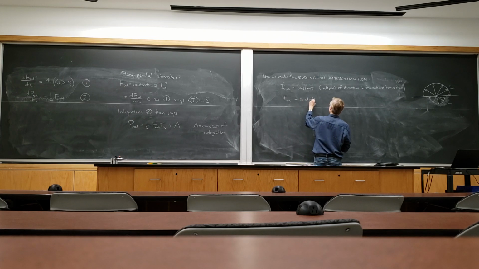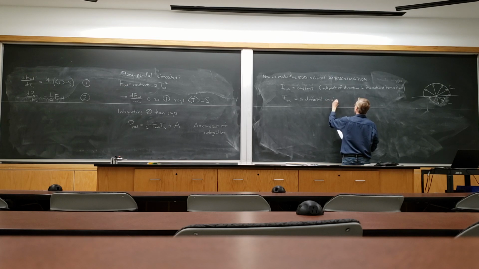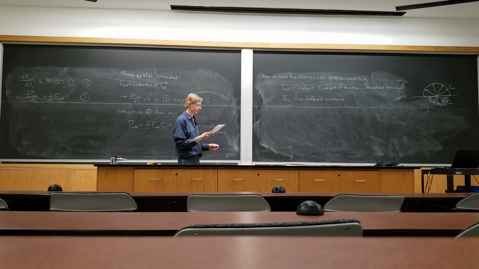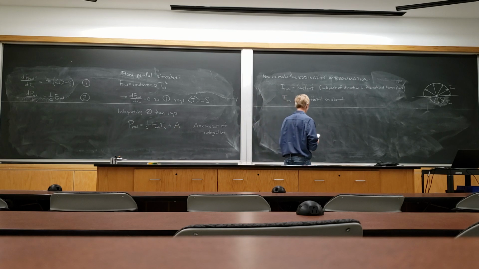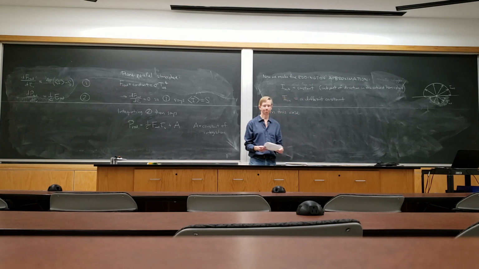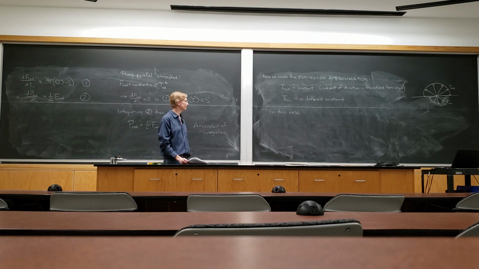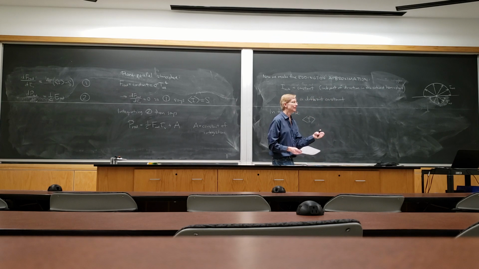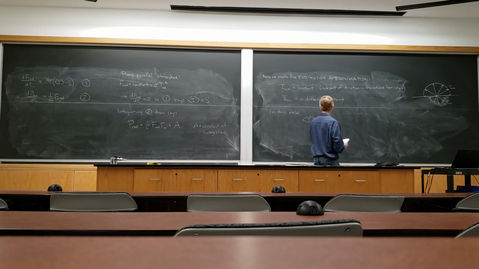I_in is also constant, but it's a different constant. So in this case, the mean intensity, and you can show this by doing the integral over solid angle, which I'll probably have you do in the homework, but what you would guess and what would be right is that the mean intensity is just half of the outward intensity plus the inward intensity.